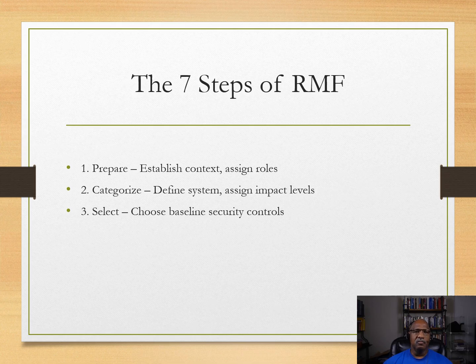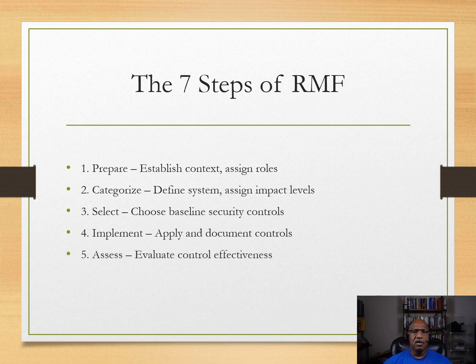After you categorize the system, then the next step is to select, which you choose a baseline of security controls. The next step after that would be to implement. And the implement step, you apply documents and security controls. The next step would be assess, where you evaluate the security controls effectiveness.